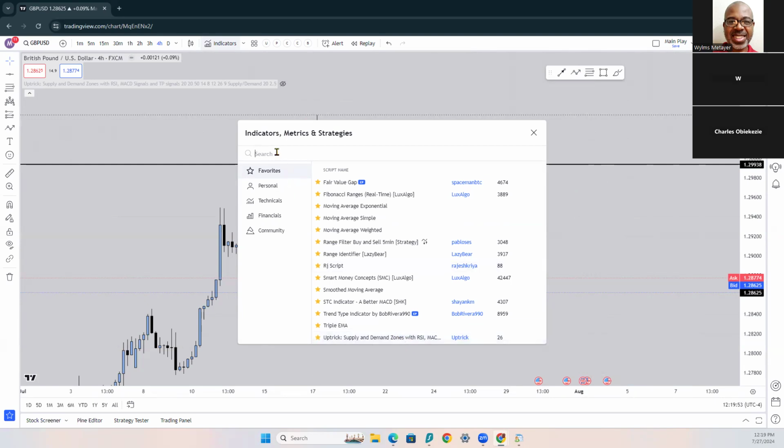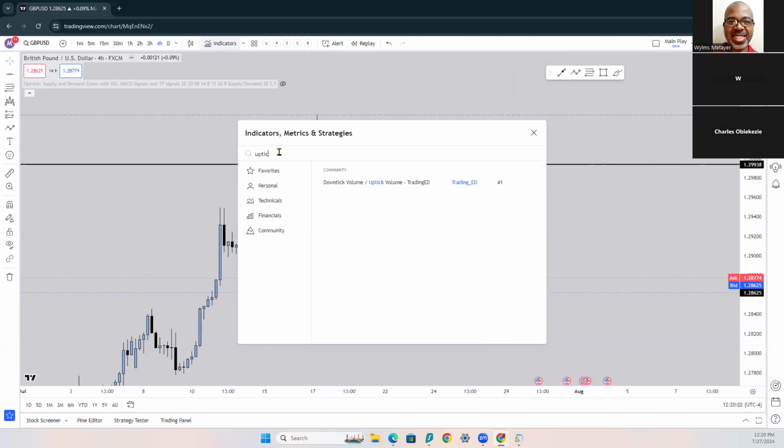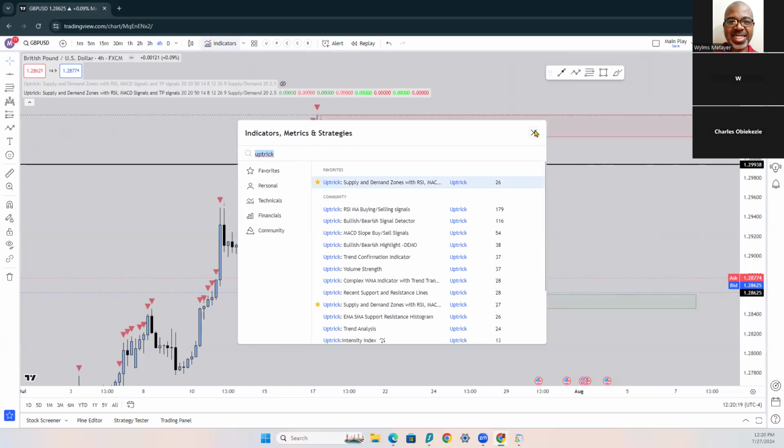So you go here and type in Uptick, which is right there, U-P-T-I-C-K. This one right here. I came across this indicator and it's a really good indicator. So we're going to put that on our charts.